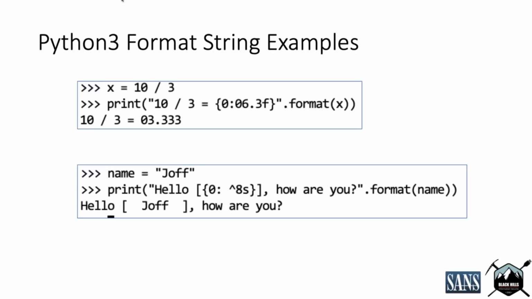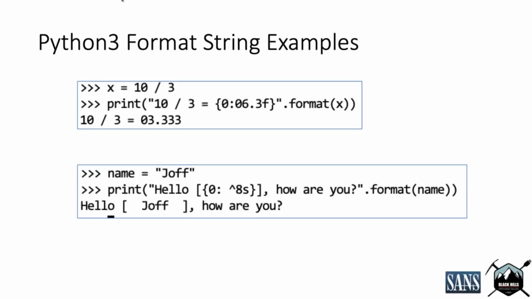So here's an example of a Python 3 style format string. We have x equals 10 divided by 3, and then the very next statement on the Python interpreter is print, as a function, "10 divided by 3 equals", and then a format specifier with a curly brace, argument 0, colon, 6 wide, 0 fill character in advance, .3f for floating point, and then close the format string.